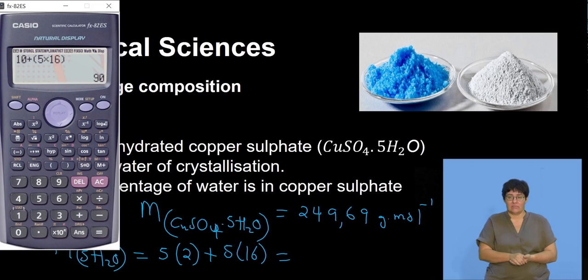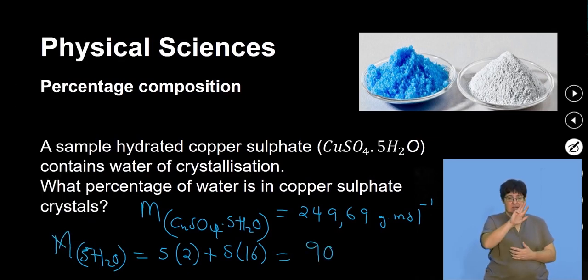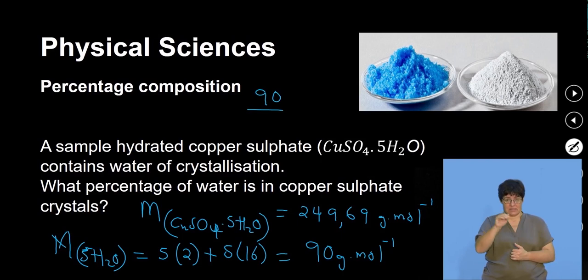So what are we saying? This is 90 grams per mole, which is the water of crystallization. If we want to express that as a percentage, it's going to be 90 divided by 249.69, multiplied by 100.